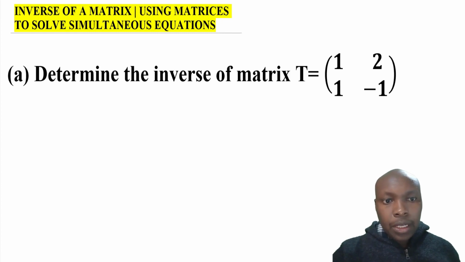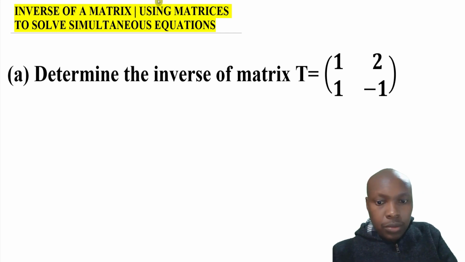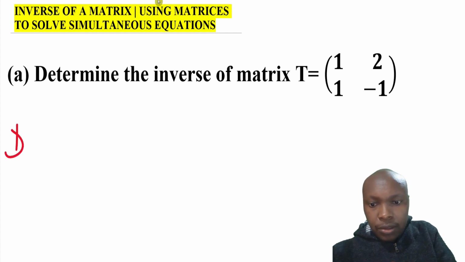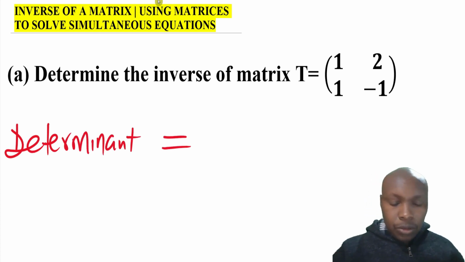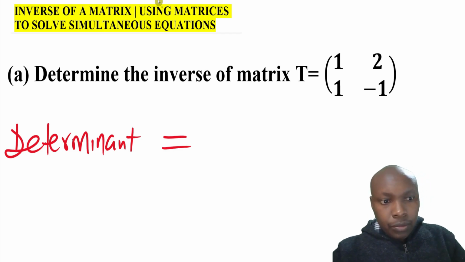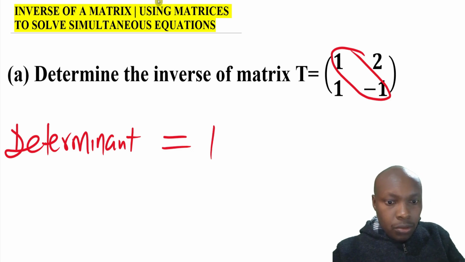To get the inverse of a matrix, the first thing we need to do is get the determinant. To get the determinant, we take the product of this diagonal, which is 1 multiplied by -1.